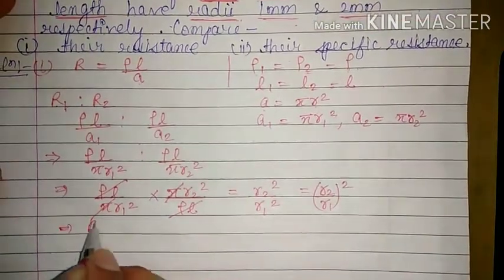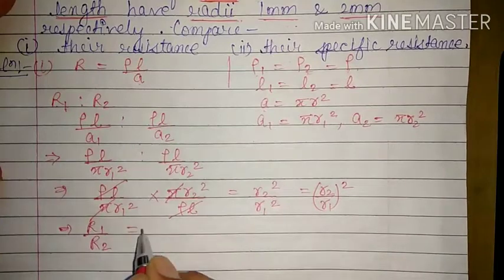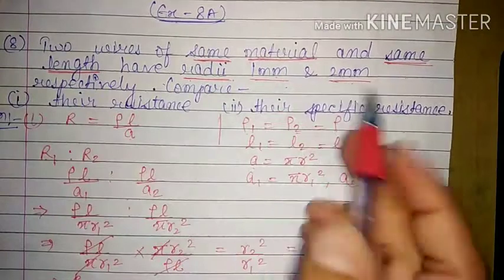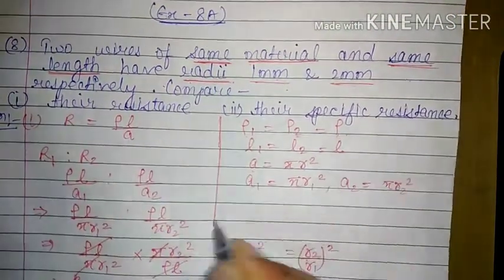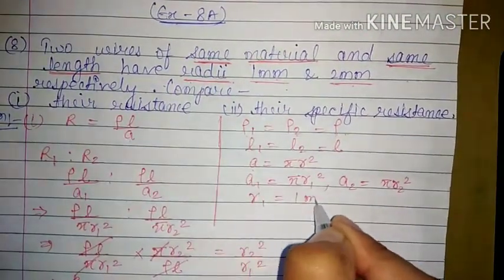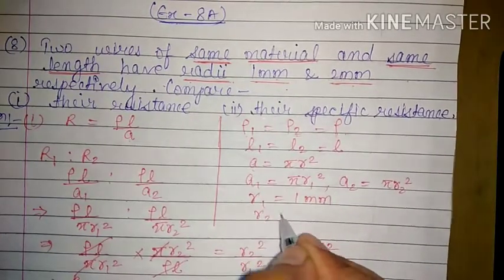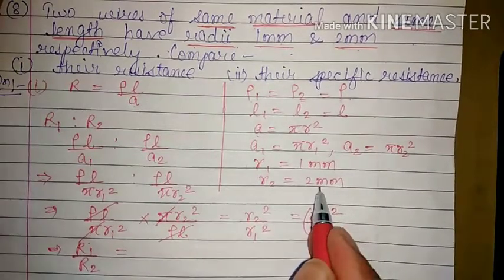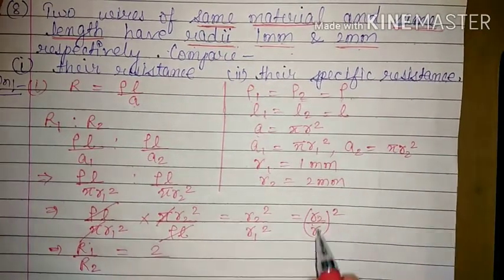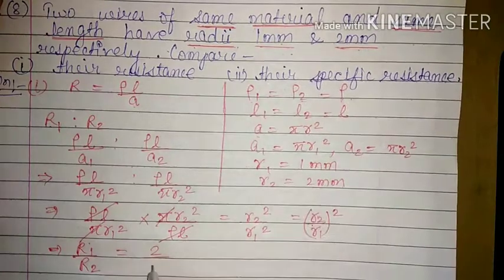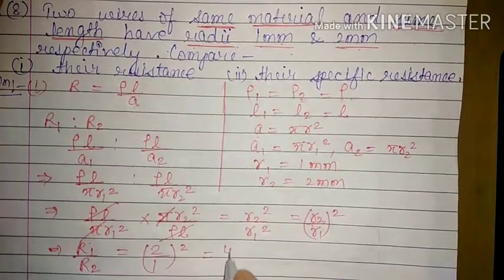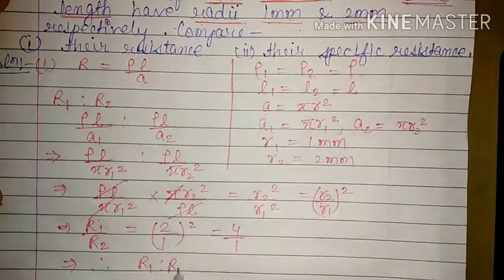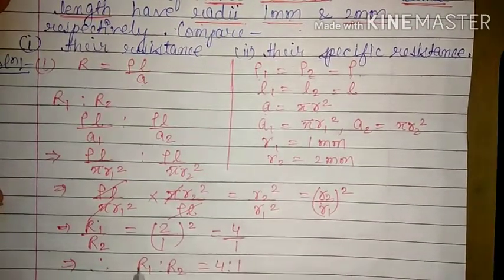Given radii 1 millimeter and 2 millimeter, that means r1 is equal to 1 millimeter and r2 is equal to 2 millimeter. So R1 upon R2 is equal to 2 upon 1 whole square, which is equal to 4 upon 1. Therefore, R1 ratio R2 is equal to 4:1.